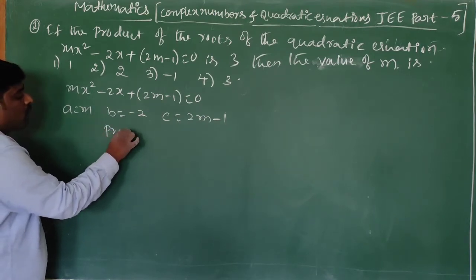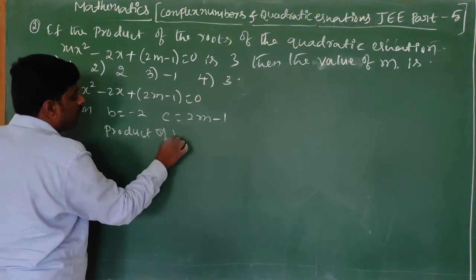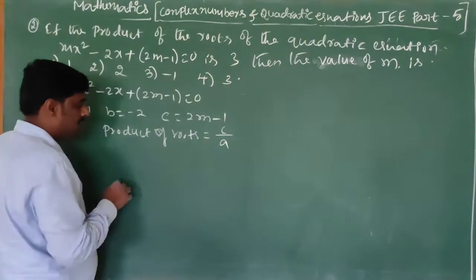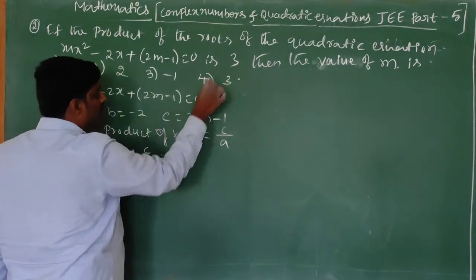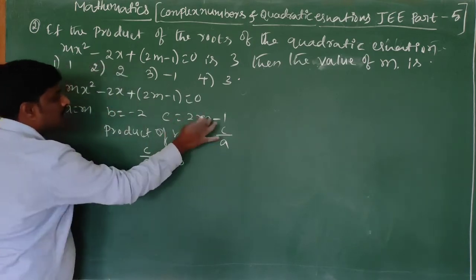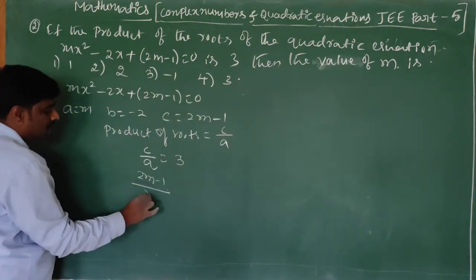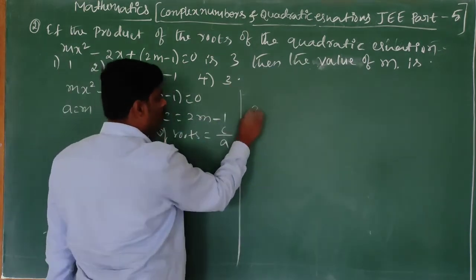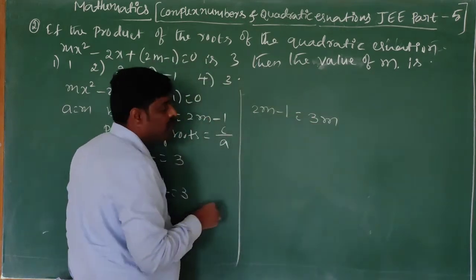Product of roots formula is c divided by a. Product of roots is how much? 3. What is the c value? 2m minus 1. What is the a value? m. So 2m minus 1 divided by m is equal to 3. 2m minus 1 is equal to 3m.